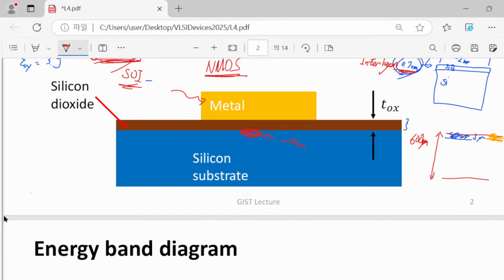However, by changing certain process conditions, it is known that we can change the crystallinity of the gate metal. Here we have a metal, and by changing process conditions, we can change the degree of crystallinity in this surface area. So by changing this thickness, it is known that the work function can be controlled.